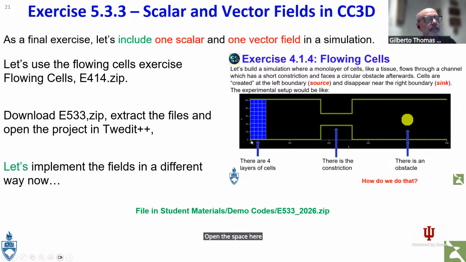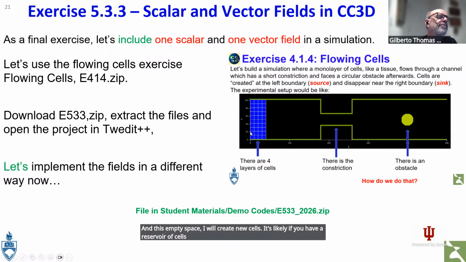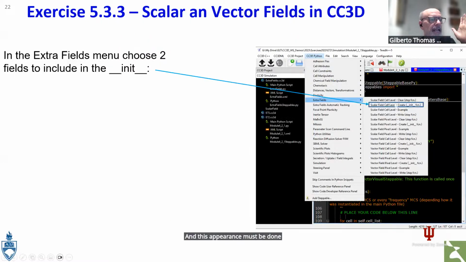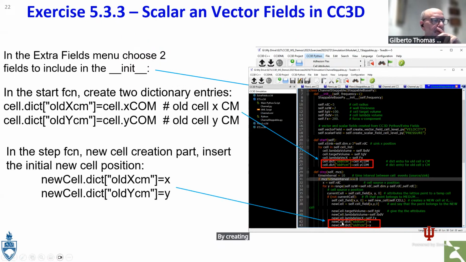In this empty space, I will create new cells. It's like you have a reservoir of cells at the left of the y0 axis. So when a cell moves from there, another one appears. And this appearance must be done by creating new cells at this position, at this block.